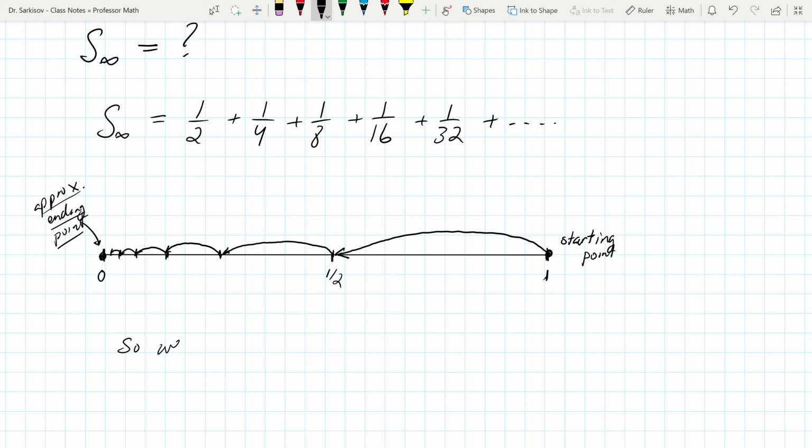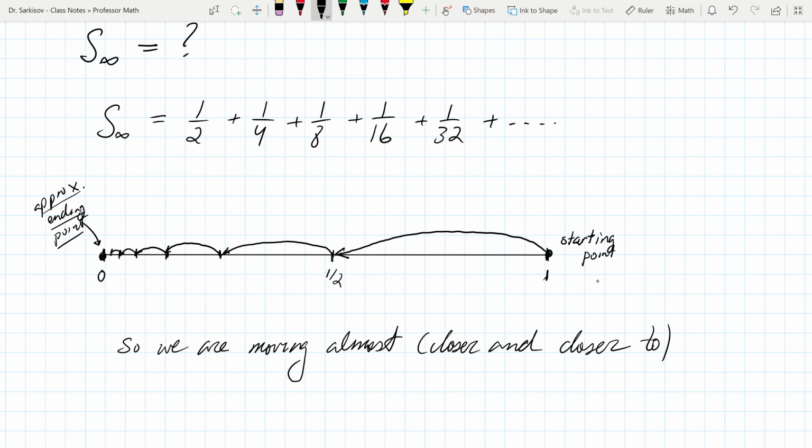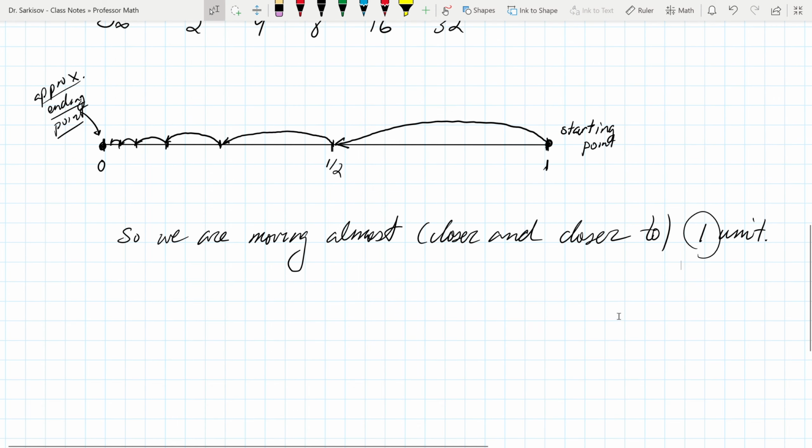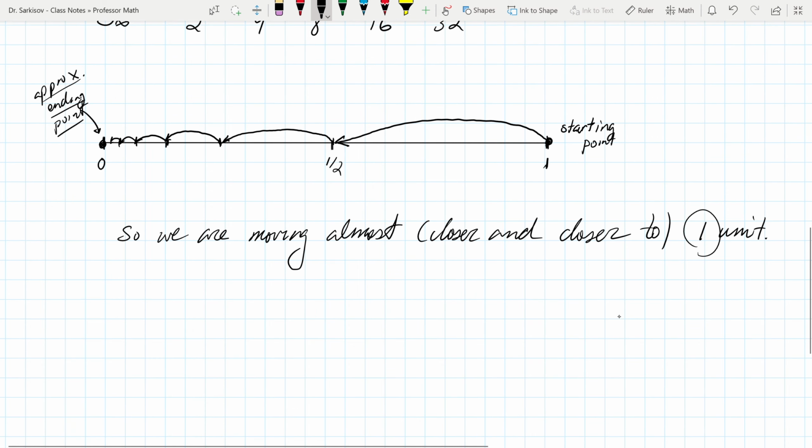So we are moving almost and then closer and closer to one unit, okay? And so that 1 unit seems like that's the answer to this problem, because think about it.